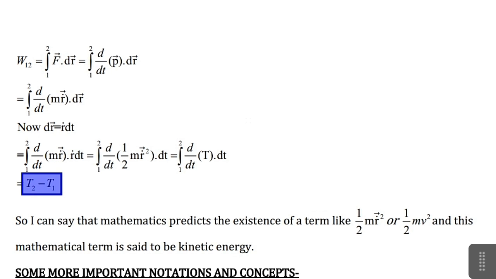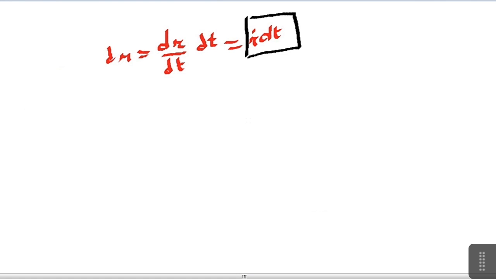Let me explain it diagrammatically. Consider there is a ball. You apply a force on the ball and you do a particular amount of work. Say initially the ball had some kinetic energy T1.